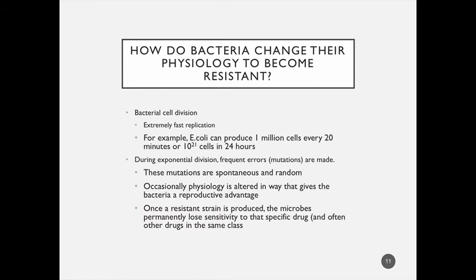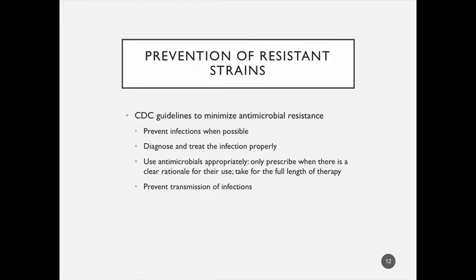And unfortunately, oftentimes to the other drugs that are in the same class, meaning that they share a similar mechanism of action. So this is evolution, right? This is what happens. But it's just happening in a way that's really fast because of the nature of bacterial cell division.